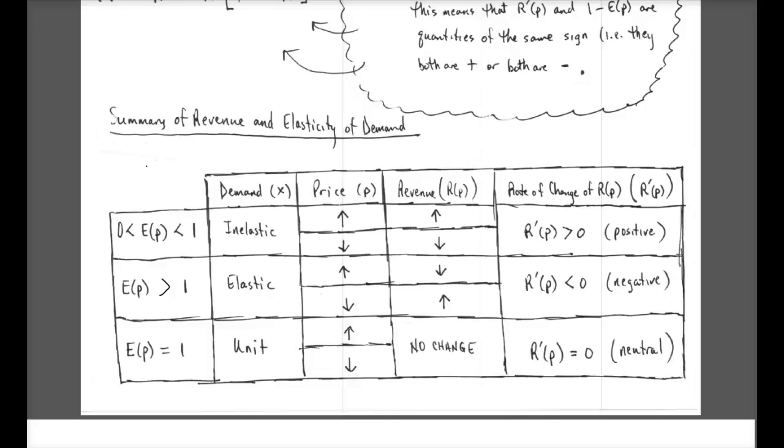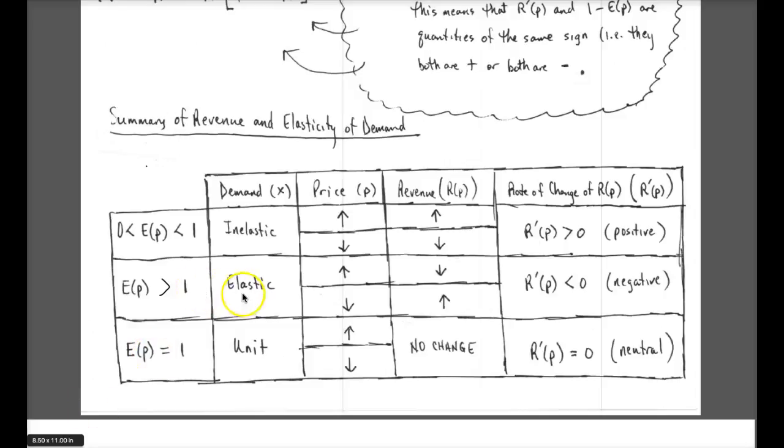Now what I have here is I've taken all that information and put it in a table form, so that we see that when demand is inelastic, as prices go up, revenue goes up. And as prices go down, revenue goes down. And we see here that the change in revenue is going to be positive, meaning that revenue increases.